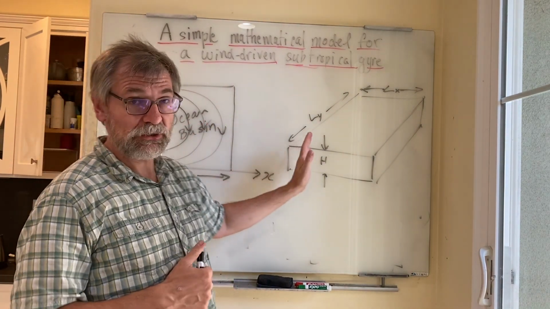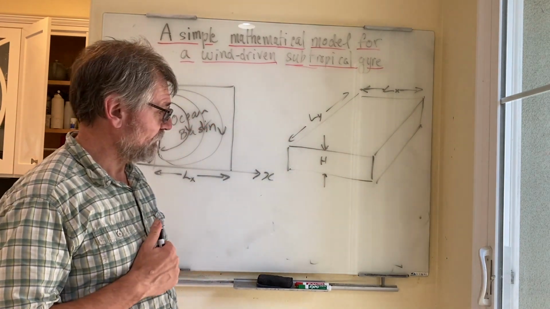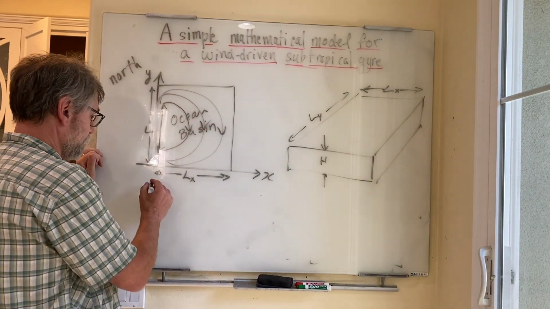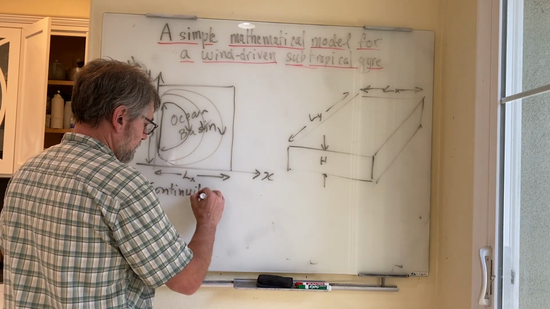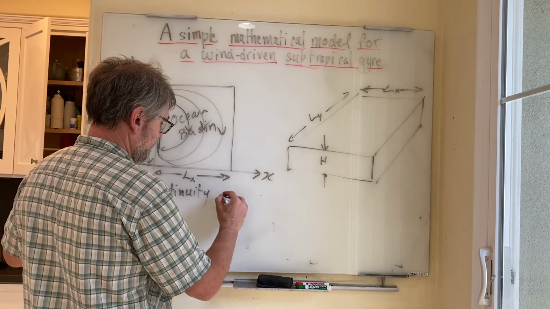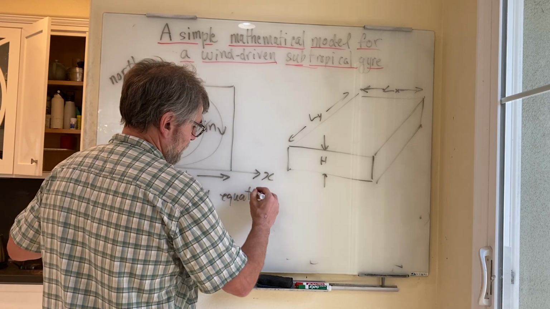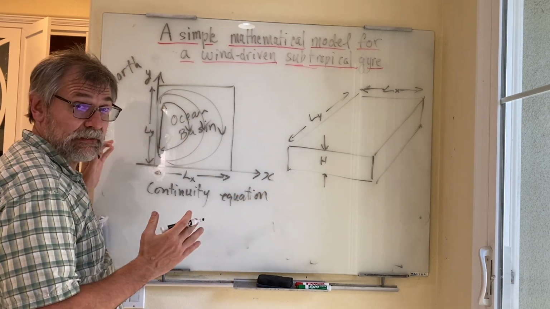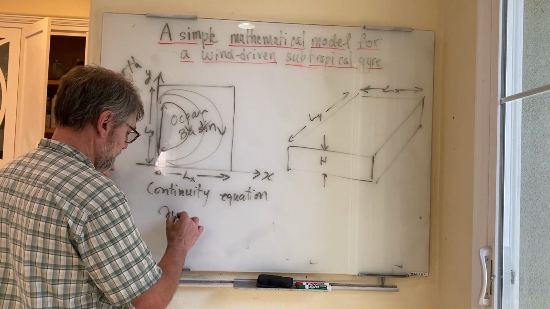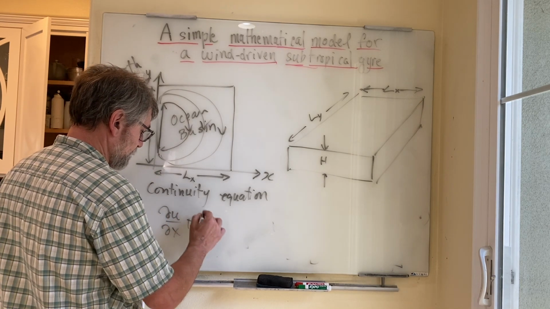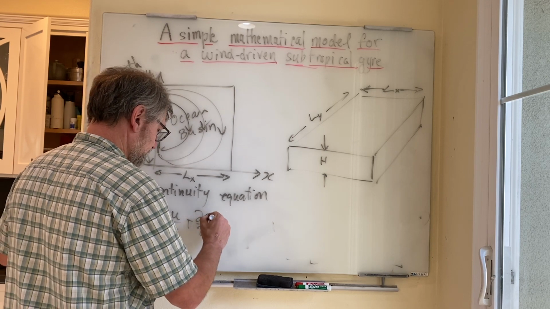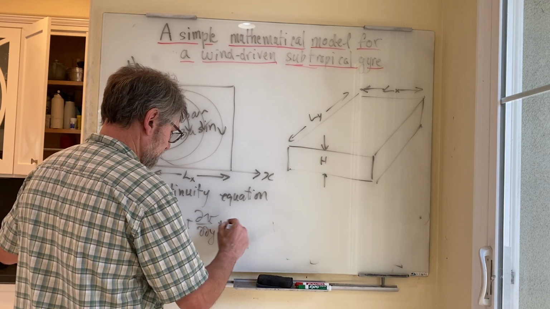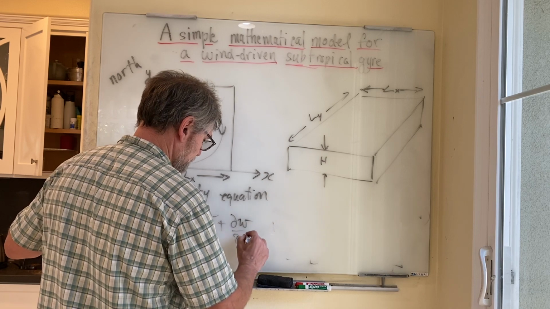So the first thing we'll start off with to make our idealized model is the continuity equation. So the mass conservation equation for water, which is a liquid and incompressible, is just du/dx plus dv/dy plus dw/dz equals 0.